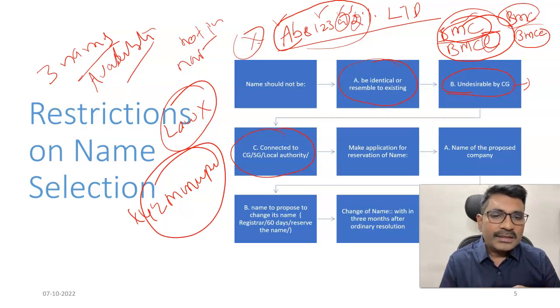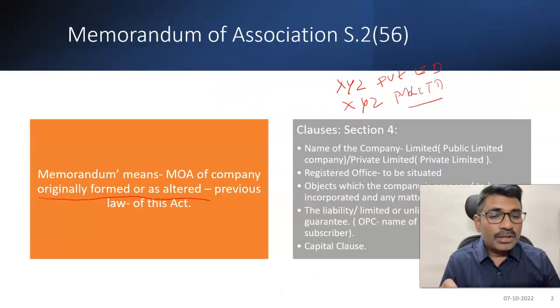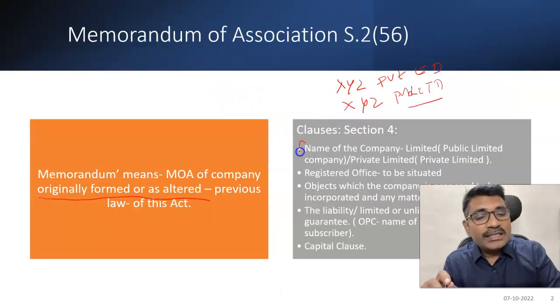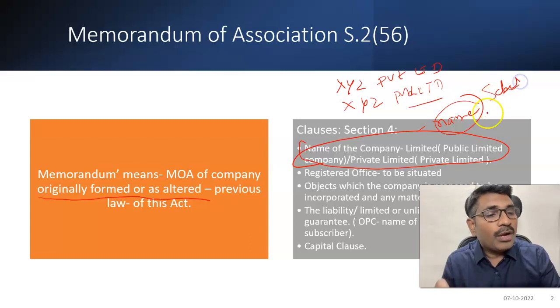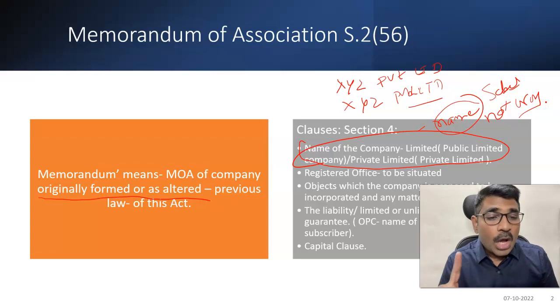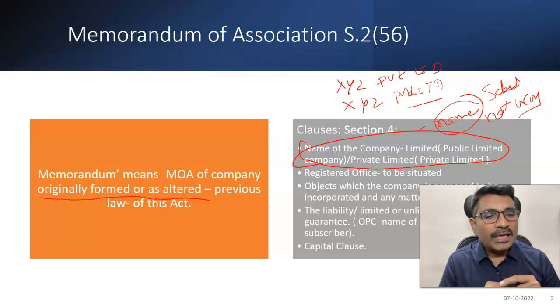So the law says this is the procedure: follow the procedure, identify the name, then get your company incorporated. So the first and foremost clause is about the name. The legal implication of the name is how to select the right name and how not to select the wrong name. So please remember how to select the right name, how not to select the wrong name, and get involved in the different processes.